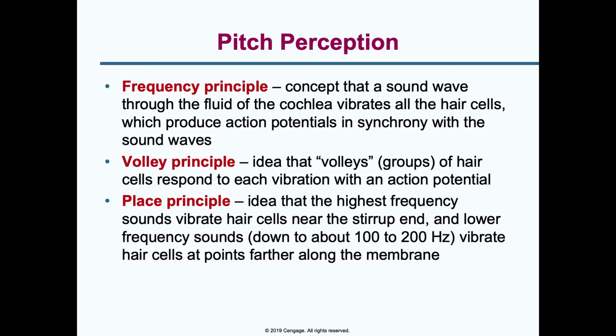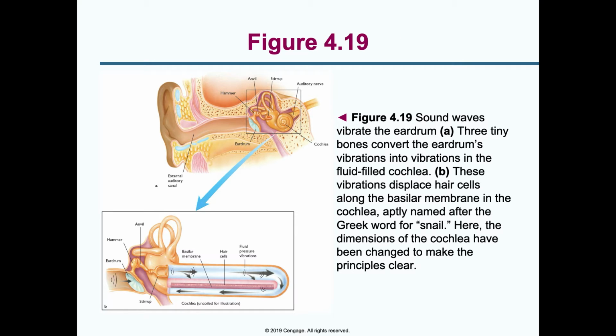Okay, so if you go back to your diagram and we look at the uncoiled cochlea, the place principle is further along down, and here it says near the stirrup end is where we have the highest frequency, okay? And then as it gets further along, it almost lessens in frequency.